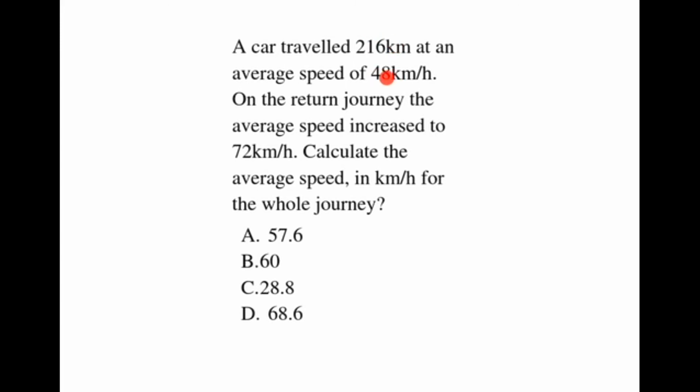This is the average speed, which is 48 kilometers per hour. Then we are also told that on the return journey, the average speed increased to 72 kilometers per hour. Then we are required to give the average speed for the whole journey. Solution.